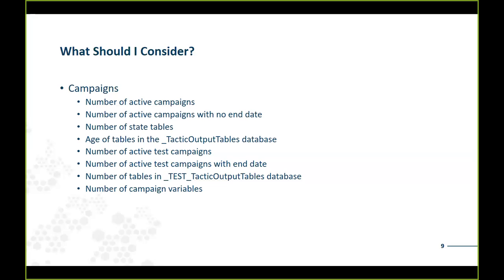The thing to bear in mind as well is that all the global and local variables are added to the campaign history. So if you have 10 global variables and 50 local variables spread across different campaigns, that could equate to 60 columns being added to the campaign history table, of which only certain portions of that data are valid for certain campaigns.